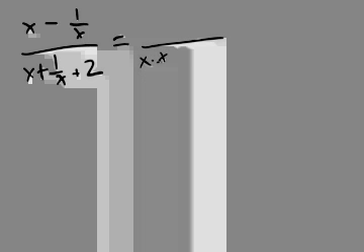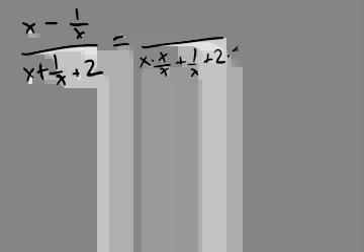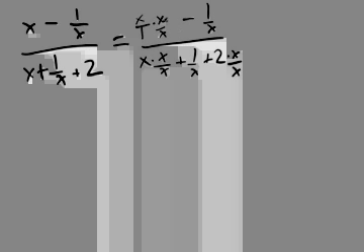x times x over x, plus 1 over x, plus 2 times x over x, and then all three of these are still going to have a common denominator. Up here up top, it's x over 1 minus 1 over x, and so that's going to be times x over x, so that this will have a common denominator with this value.